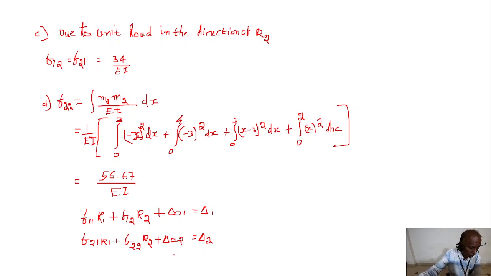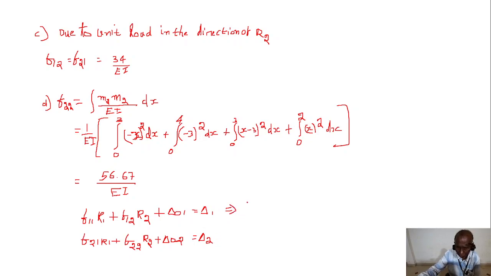So you will convert this compatibility equation into matrix form. Here delta 1 and delta 2 are 0, as the support D is restrained, so delta 1 and delta 2 equal to 0.